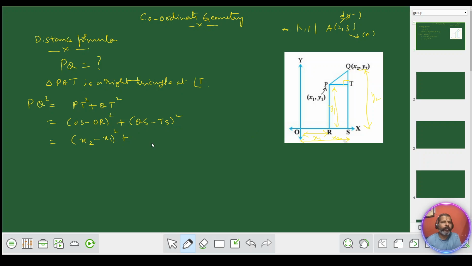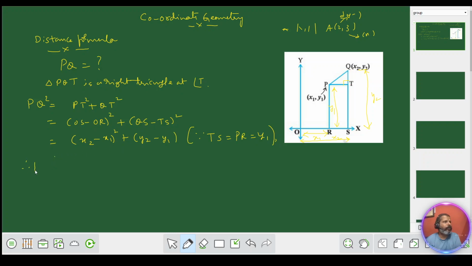From the figure, please read it. QS is y2. What is TS? TS is nothing but PR, okay? So PR is y1. You can say here TS is equal to PR equal to y1.